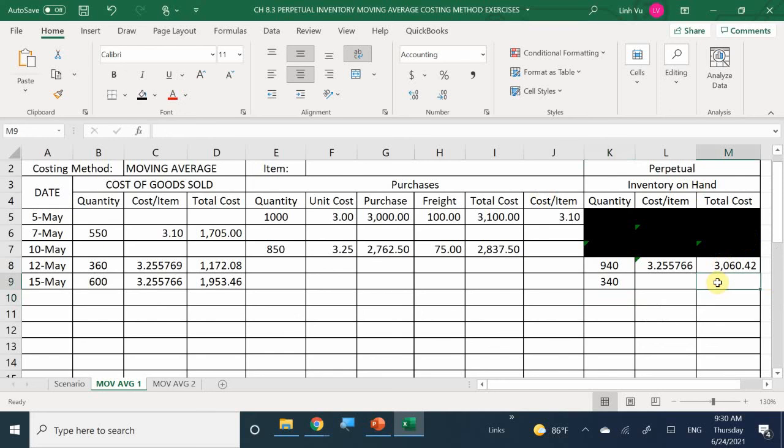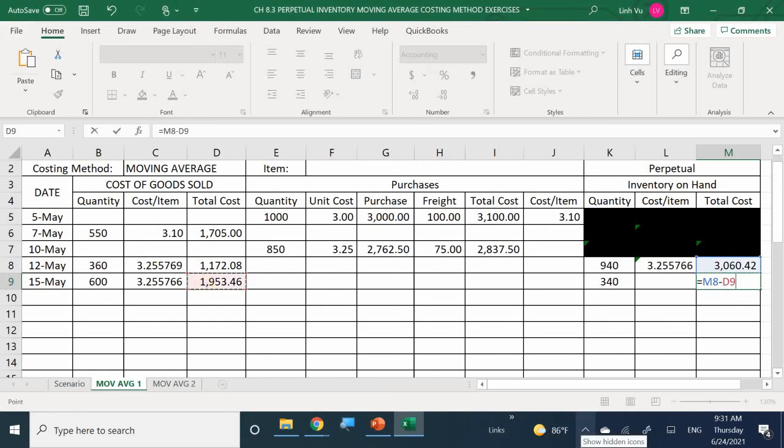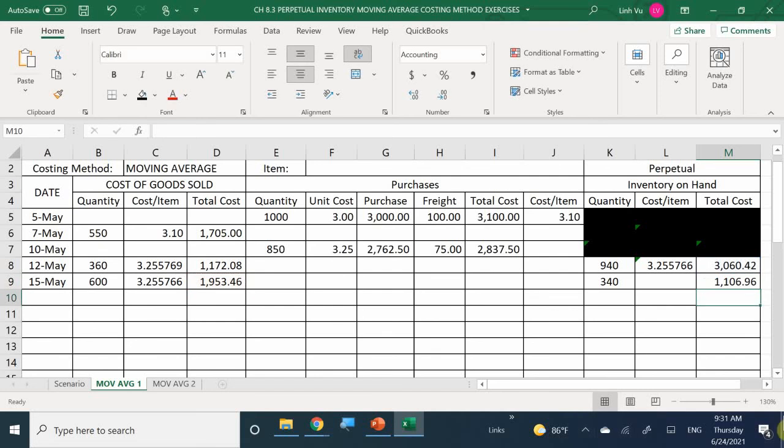If I started with 3060.42 and I sold 1953.46, what's my new total cost here? 1106.96. 1106.96, good.